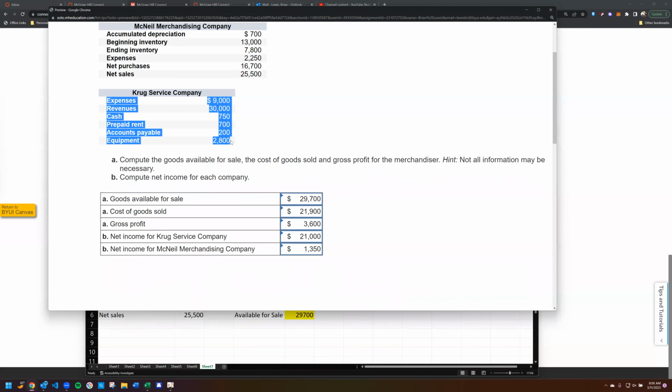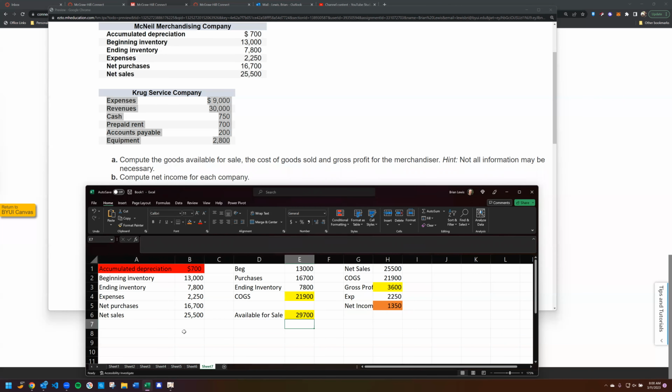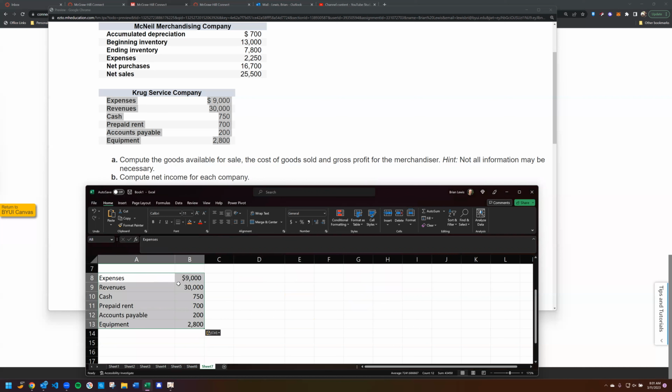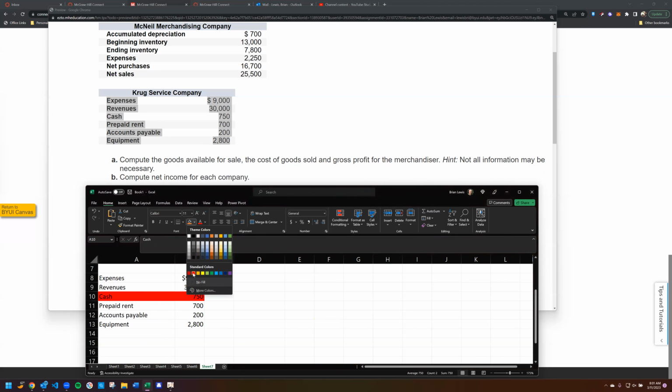Let's see if we can figure this out. Value. Okay, expenses, revenues. Don't need this. Prepaid rent, accounts payable, equipment.